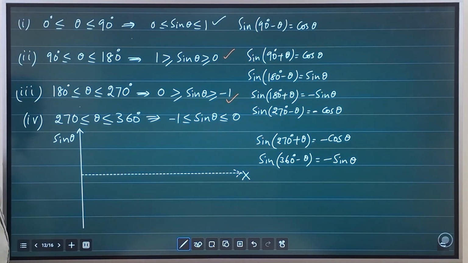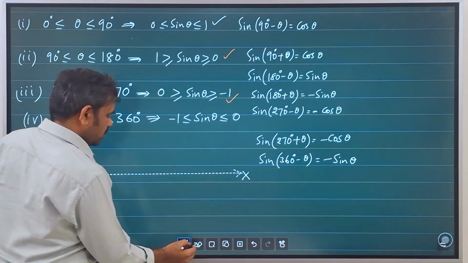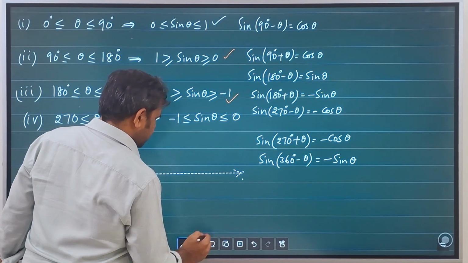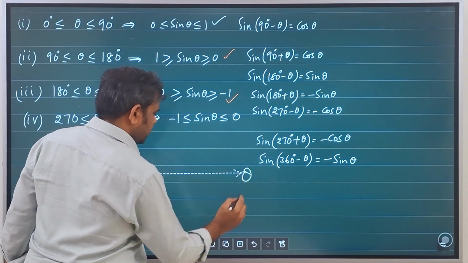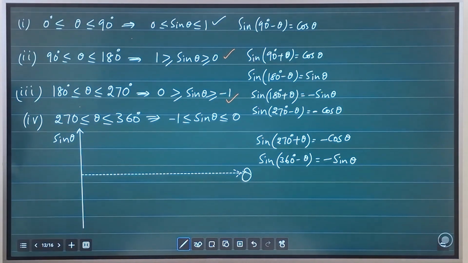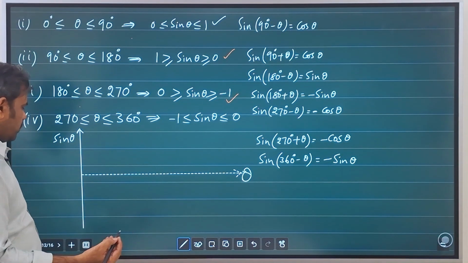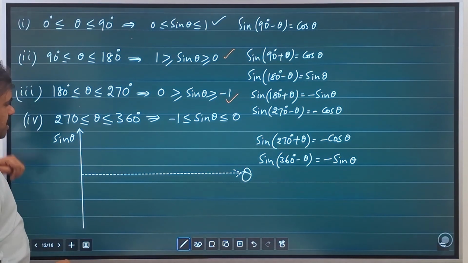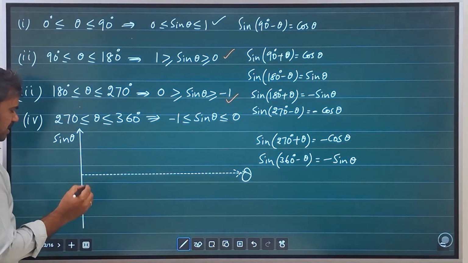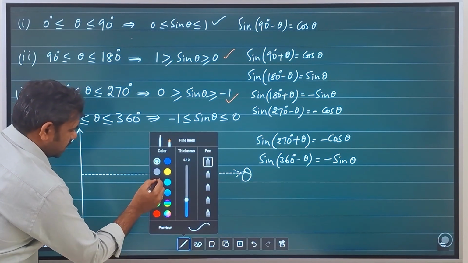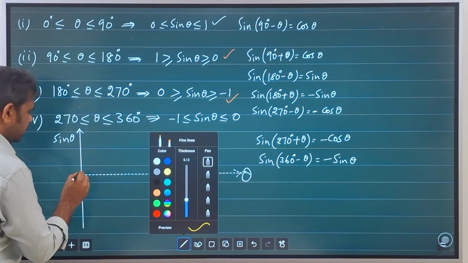So we are studying graphically how sine theta is changing as theta is changing. So take theta on the x-axis and sine theta on the y-axis. Let's take one value here. Sine 0 degrees is equal to 0. It means when theta is equal to 0 degrees, sine theta is also 0.